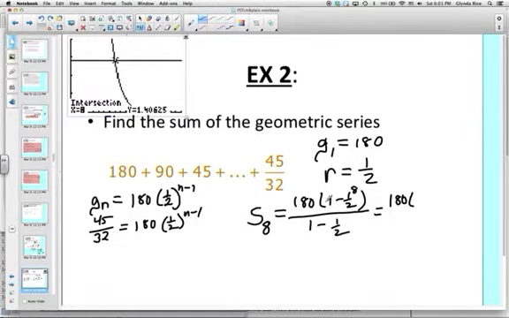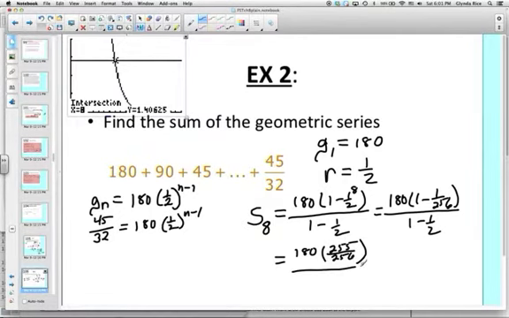So 1 minus 1 over 256 over 1 minus 1/2. Simplify 180. Call this 256 over 256. Subtract 1 256th from 256, I get 255 over 256. 1 minus 1/2 is 1/2.